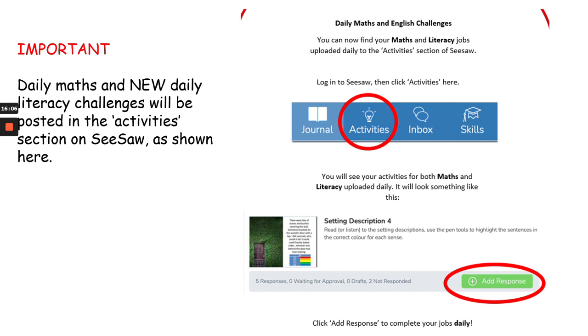All you need to do when you log into Seesaw is just click on the light bulb button, which says activities, which is circled in red here, and you will see your daily maths job and your daily literacy job. Just click the add response button to respond. Again, if you've got any questions about that, I'm sure your teachers will go through it in the lives. If not, just feel free to ask. Hopefully, this will actually be really straightforward and maybe make things a little easier.